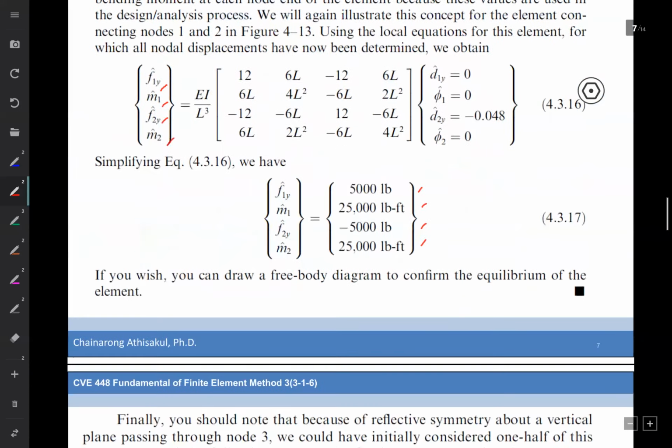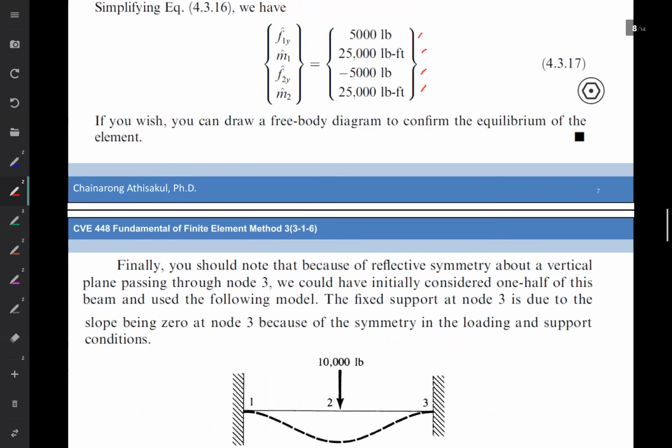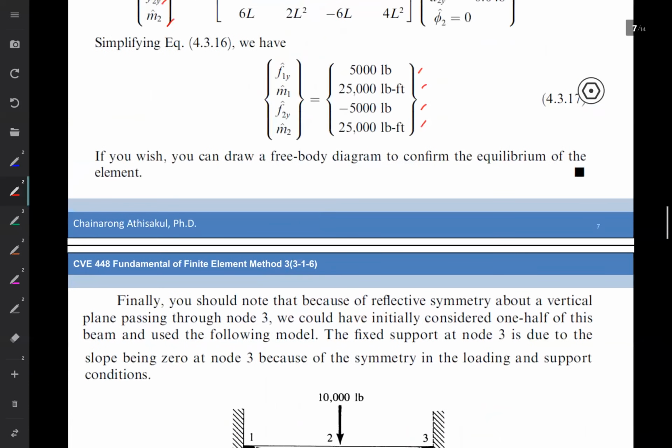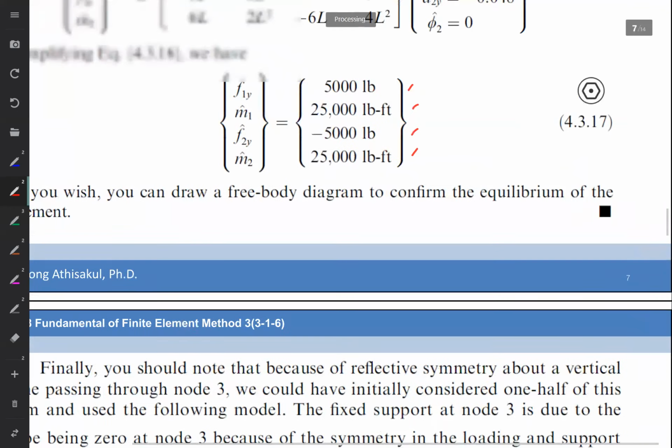And after that, we have to draw the free body diagram, and we can plot the shear force and bending moment diagram. Okay, you may try to do it by yourself, to plot the shear force and bending moment diagram according to this problem also.